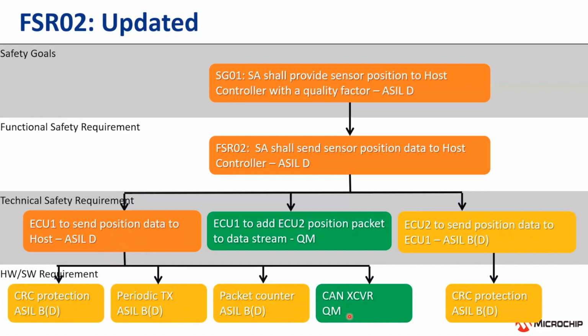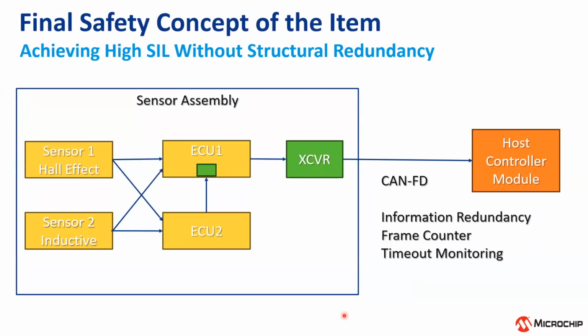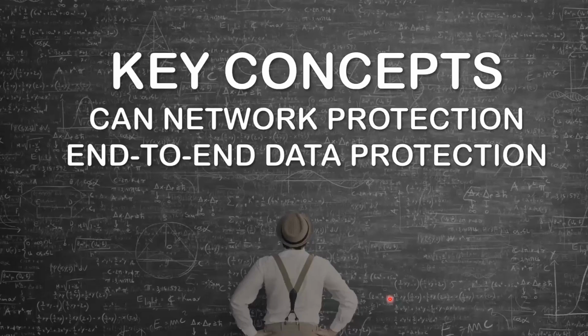So we went from a redundant system to a single system, but we included information redundancy, frame counter, and timeout monitoring. So really what we're talking about here is end-to-end data protection. Hopefully that puts a little bit of a spotlight on what end-to-end data protection is.